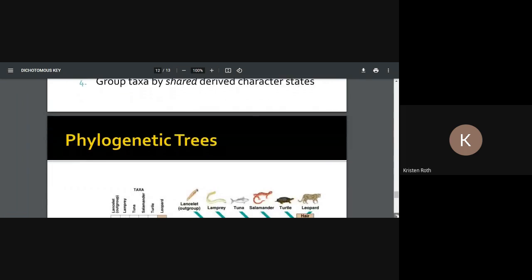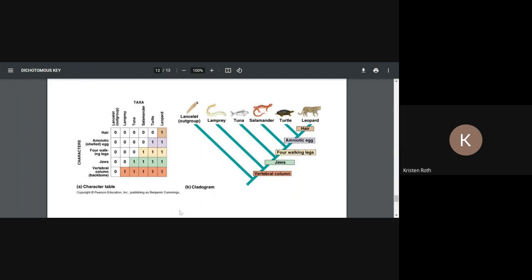Okay. So phylogenetic tree. This chart here, our character table, is showing us all of the characteristics that each of them have. Okay. So all five of them have this vertebral column. Our outgroup, our lancelet, does not. Okay. So this is a very distant relative organism.